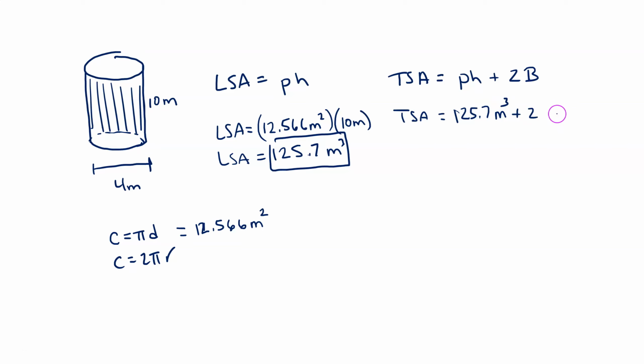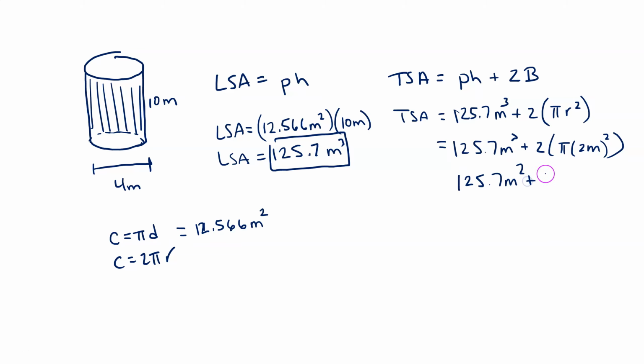We know that the area of a circle is pi r squared. In our case here, our radius is 2 meters. So in parentheses, we're going to end up with pi times 2 squared meters, which would be 4 pi meters squared.